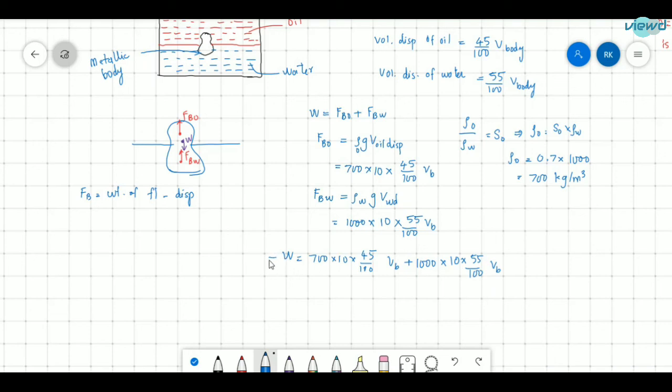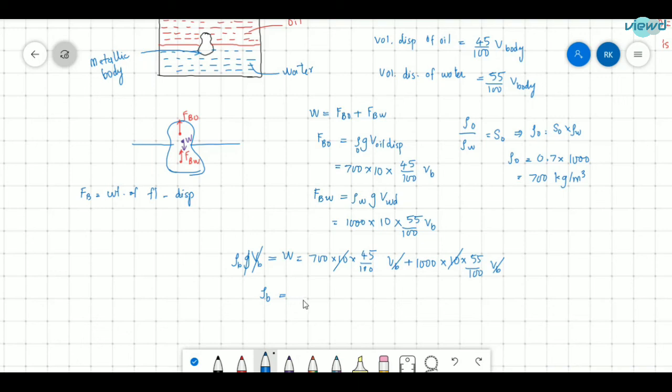And the weight can be written as the weight of the body, which is the density of the body into acceleration due to gravity into volume of body. Now we can cancel the acceleration due to gravity and VB on both sides.